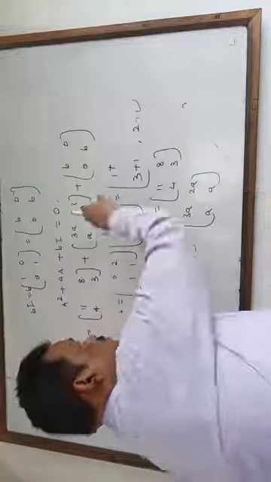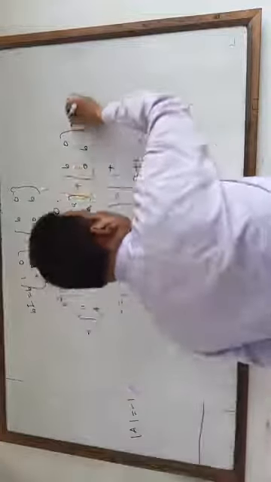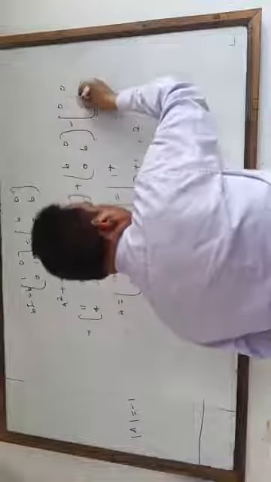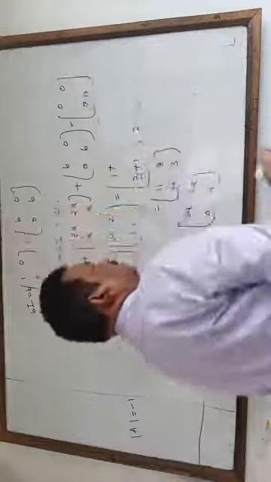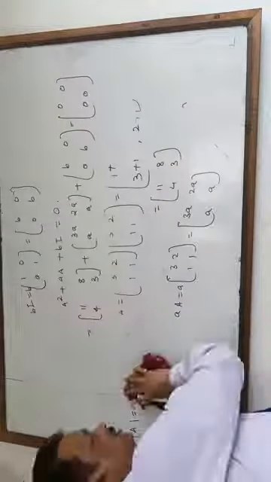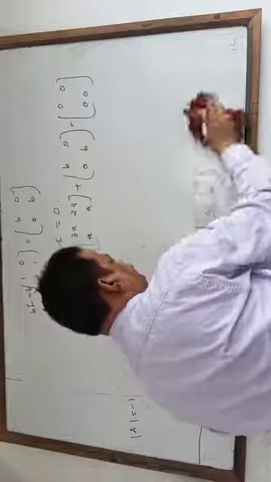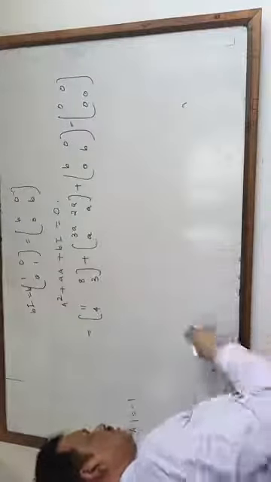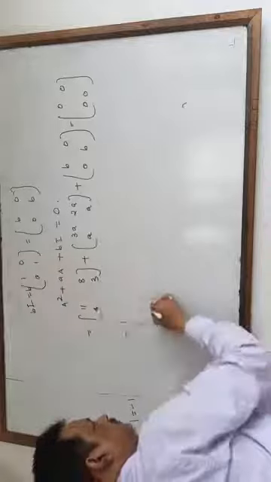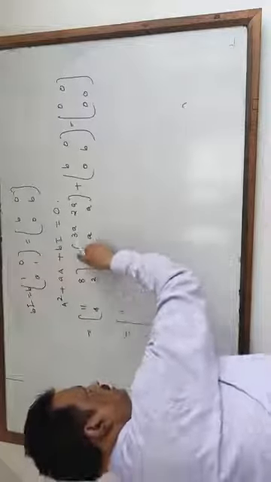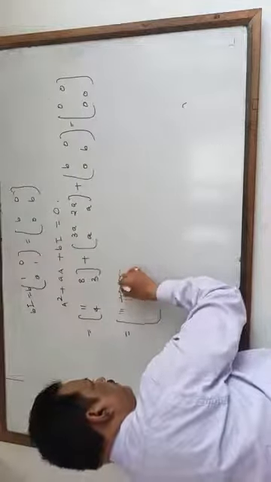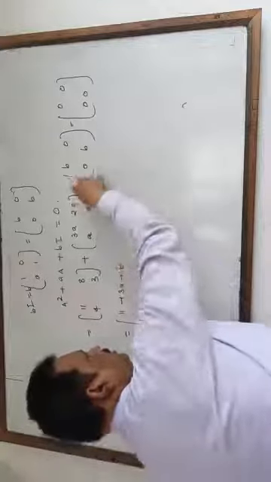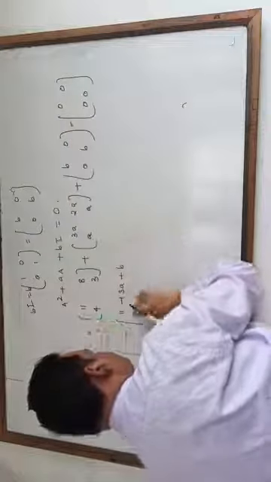Remember, equals to 0. 0 means it is a 0 matrix. That is 0 0 0 0. Order has to be same. Now do the addition. Addition means 11 plus 3a plus b equals 0.